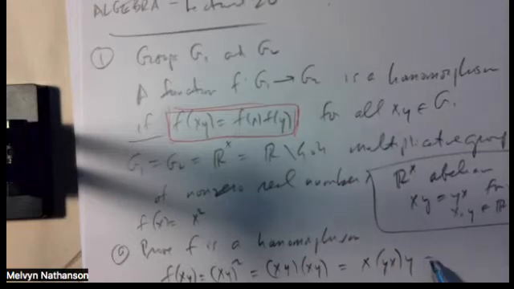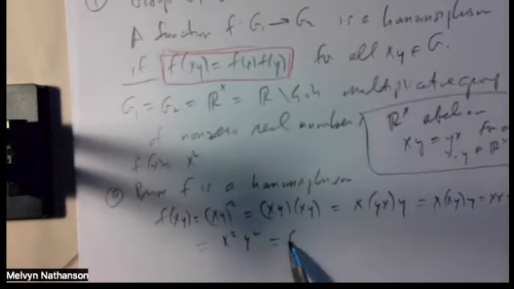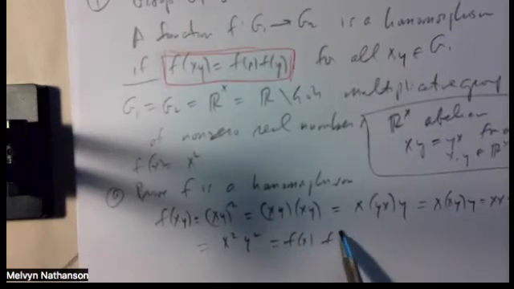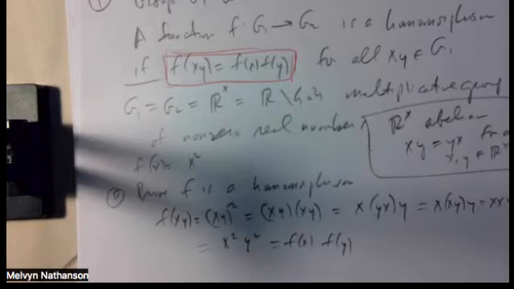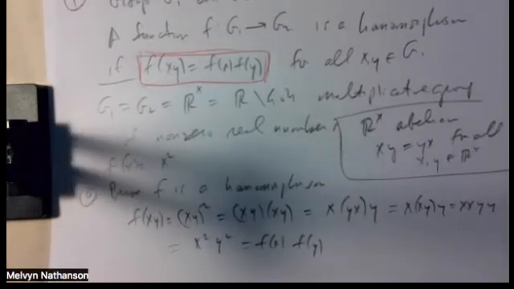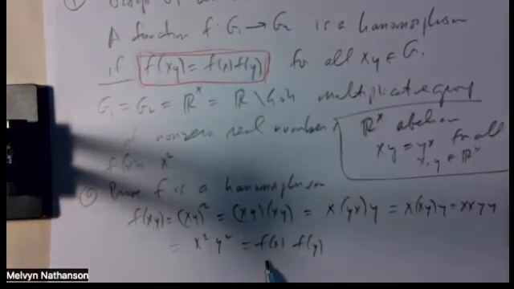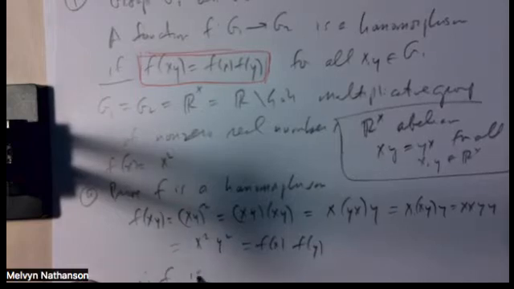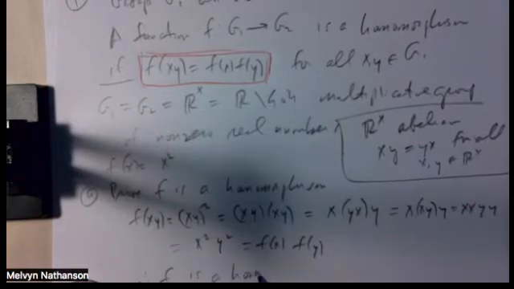So I can write it as x times x, y times y. That's exactly x squared, y squared. And x squared is f of x, and y squared is f of y. So this relation is satisfied. F of xy is f of x times f of y. Therefore, f is a group homomorphism.